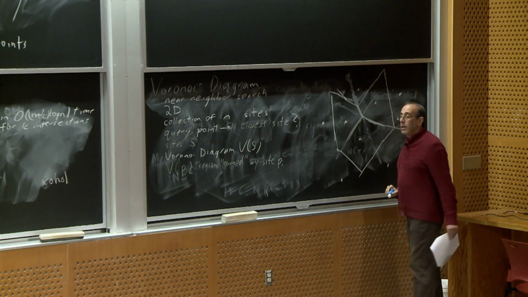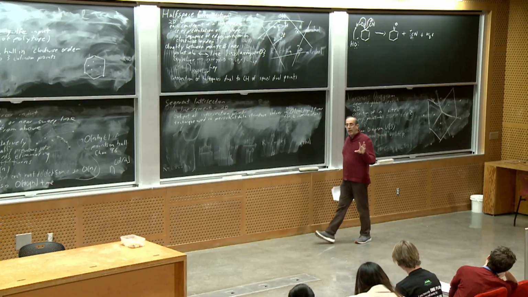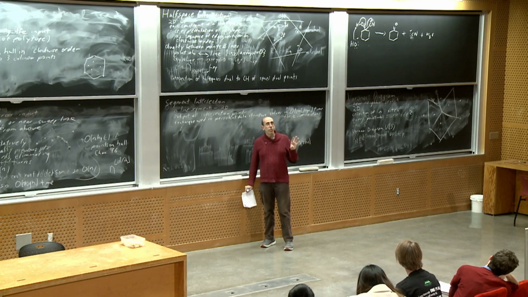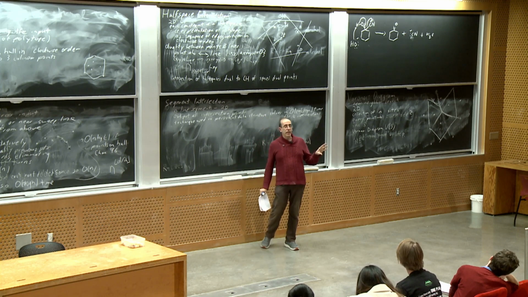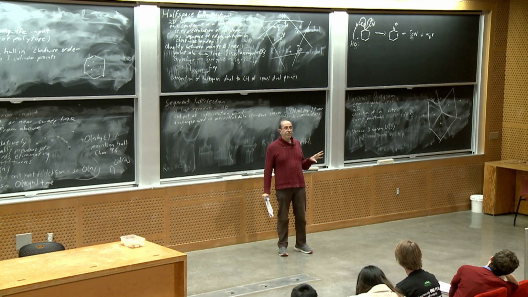Okay. So that's an example of a Voronoi diagram. You basically get one Voronoi region around each of the sites. That region is a convex polygon.